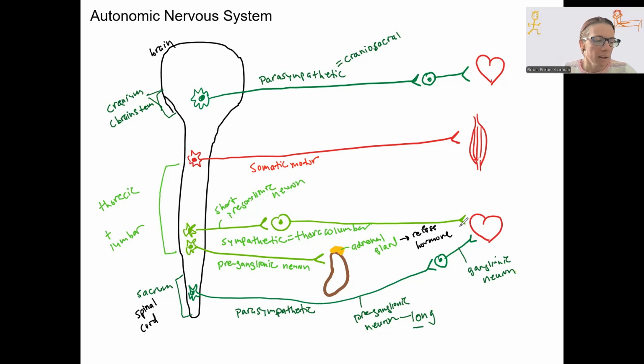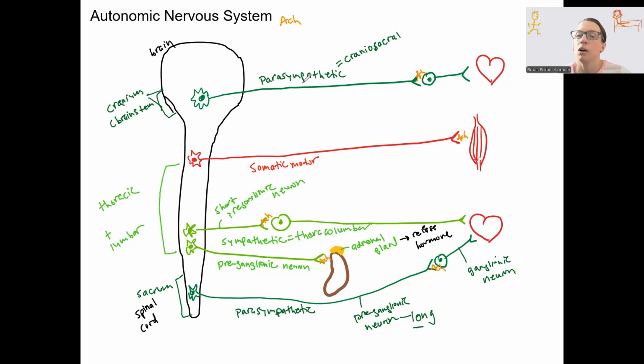Okay. Last thing I want to show on this image is the neurotransmitters involved. I'm going to do acetylcholine in this color, so I'm just going to label it up here. You already know acetylcholine, it's what's released from somatic motor neurons. It's also released from every single preganglionic neuron, even on the adrenal medulla.